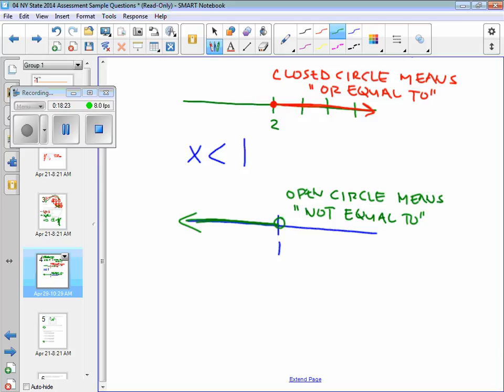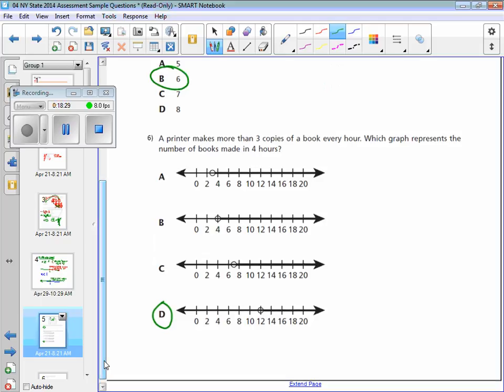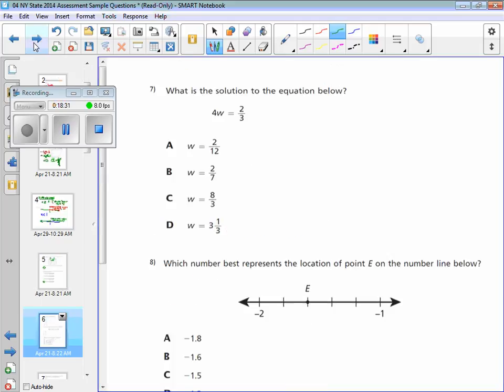Okay, what are we up to? Number 7? Number 7 is very similar to what you did in number 3. You're going to substitute the values in until you get a match.